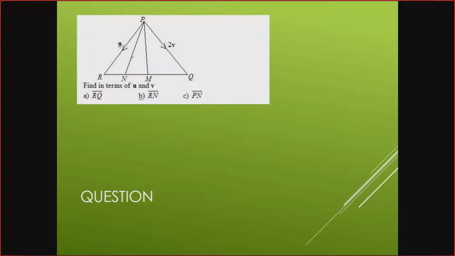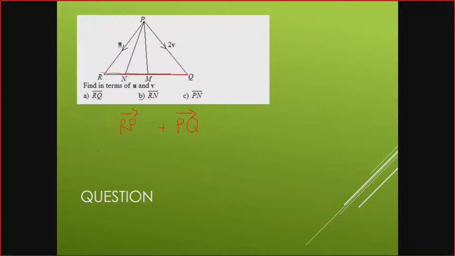So here's one example of a GCSE question. Here you have PR, PQ, PN, and PM. Now, to find RQ, what you're going to have to do is RP plus PQ, because what we're trying to find is this line here, but the only way to do that is using the path RP and PQ.